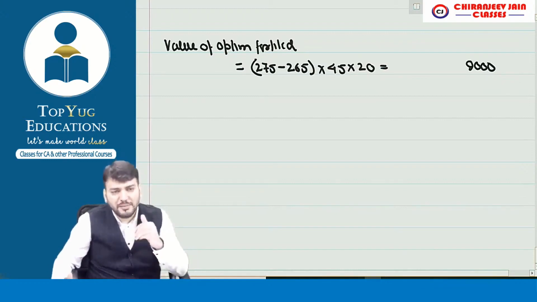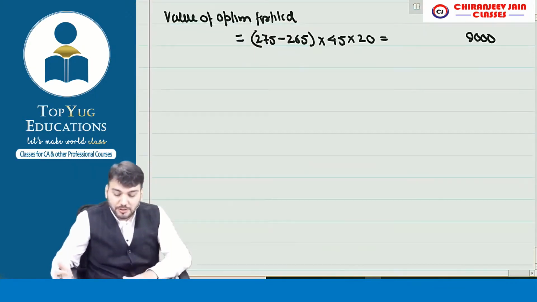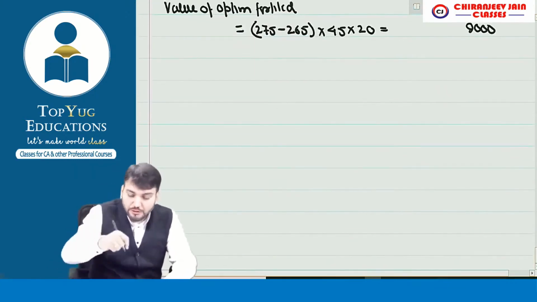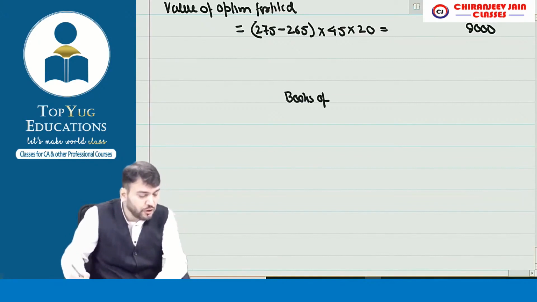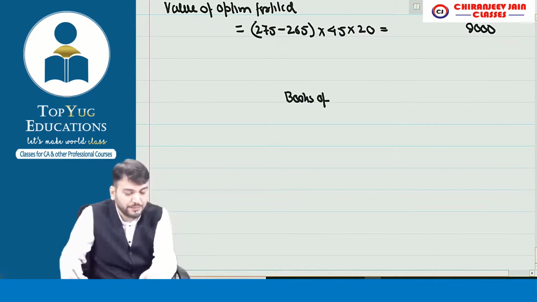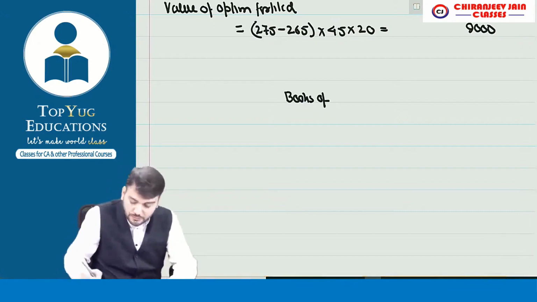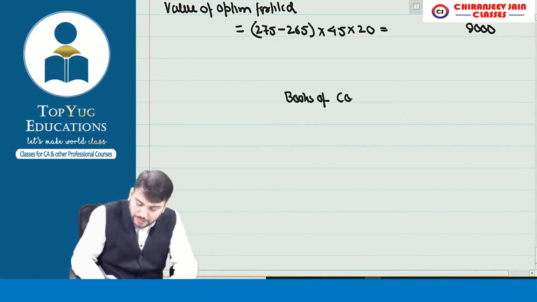In these questions, even though they have not asked, we will prepare the account. Sometimes in exam they do not ask for a journal entry, they ask you to prepare the account. तो अगर account बनाने बोले तो किस तरह बनाएंगे? तो लिखो. Books of which company? The name of the company is not given.